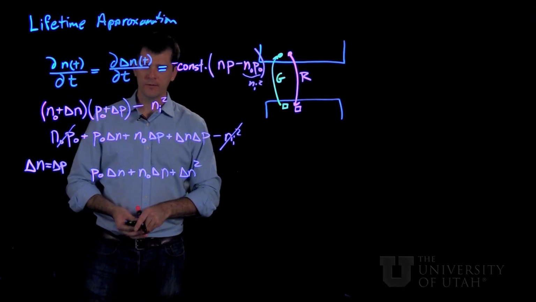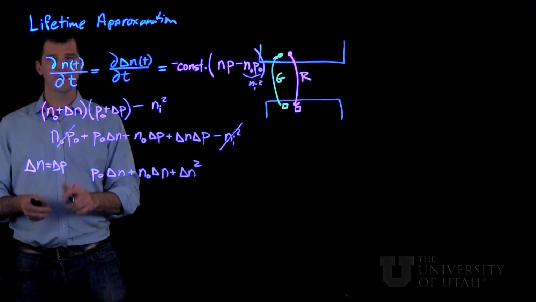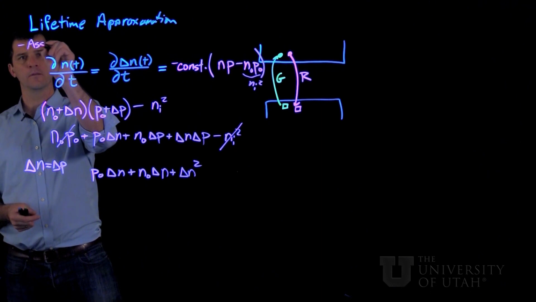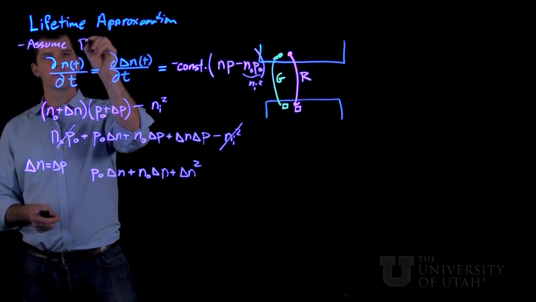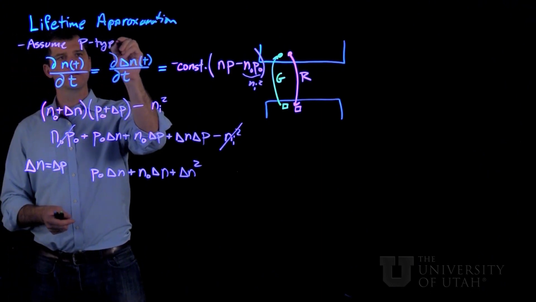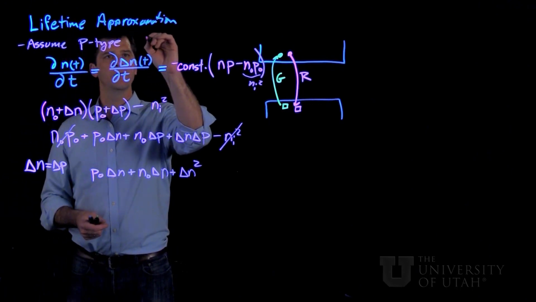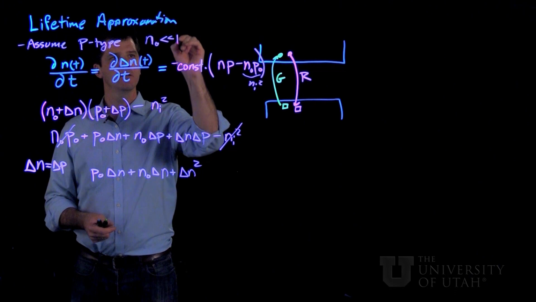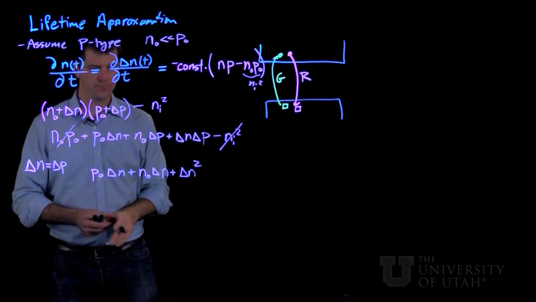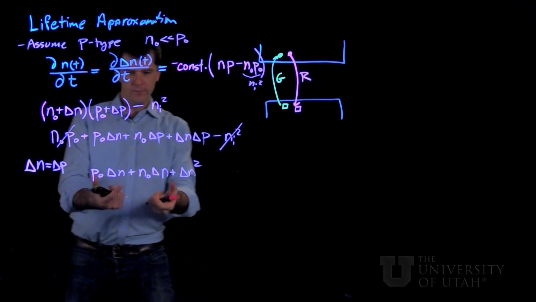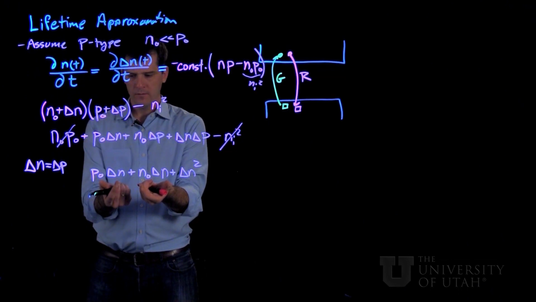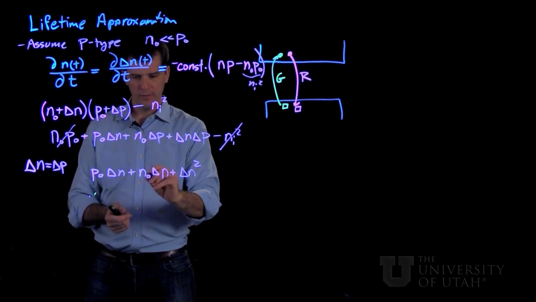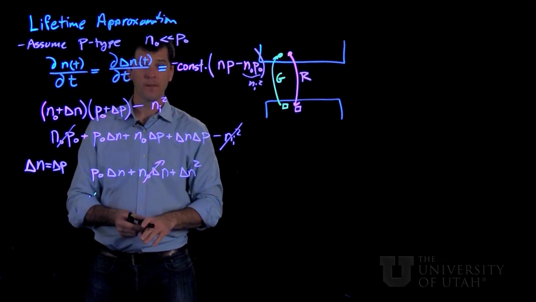Now let's return to our p-type semiconductor. So now we have that n naught is much less than p naught. And if we look at these two terms here, if n naught is less than p naught, we can neglect this term.